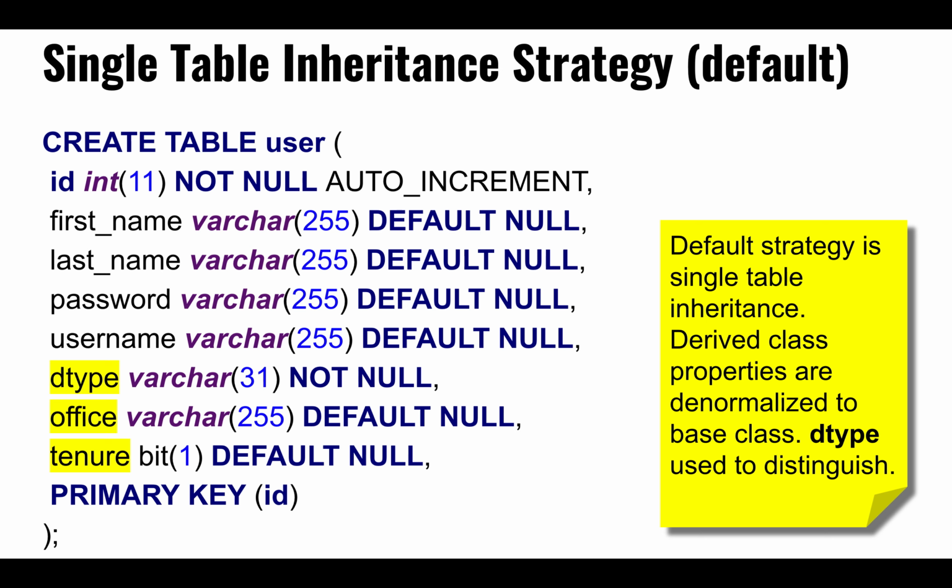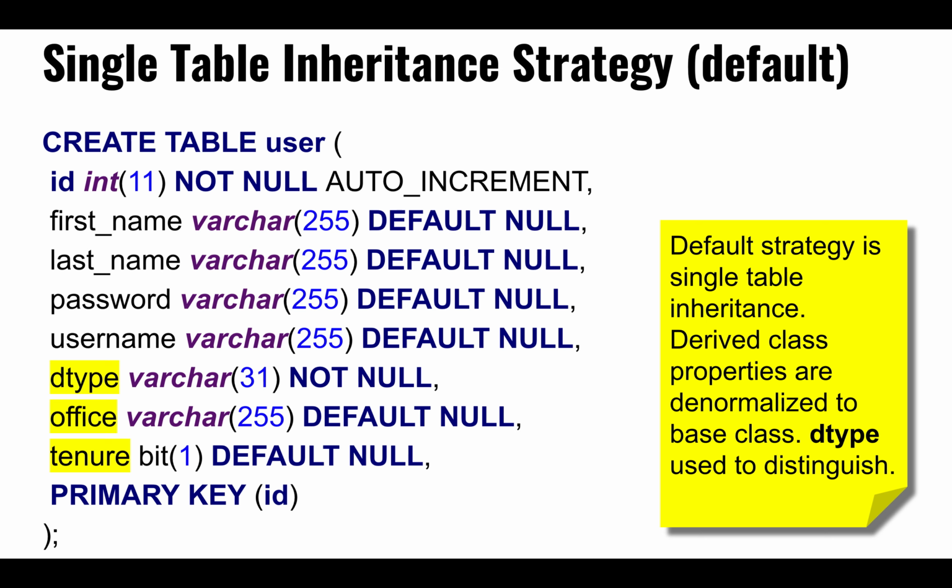Now, the default implementation is actually the most common implementation. What you do is that when you insert a user, then all the fields, first name, last name, password, and username would be populated, and the value of dtype would be the name of the class that was used to instantiate that object.